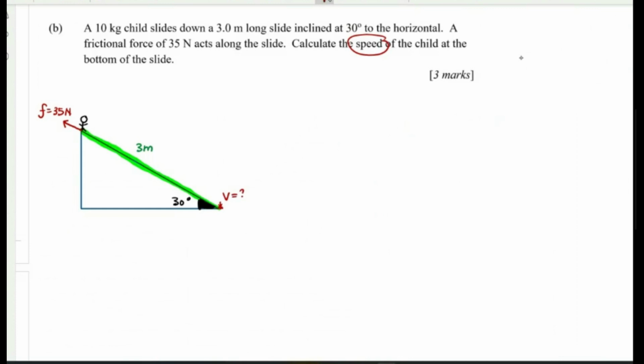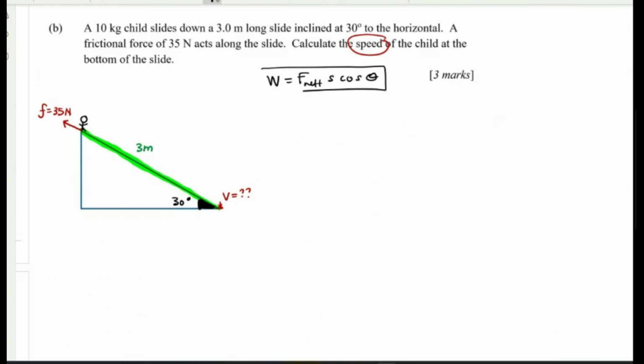V dia berapa. Okay. So, based on this question, okay, bila awak dah biasa buat, bila soalan nak cari V, and then you boleh kira lah. W is equal to F net S cos theta.